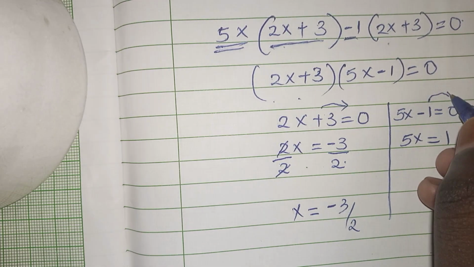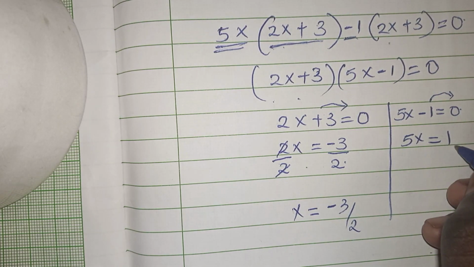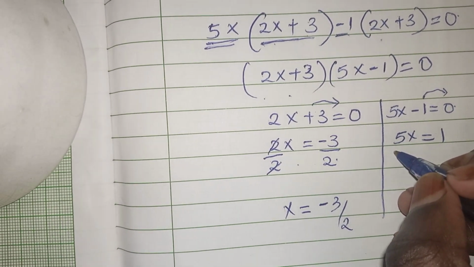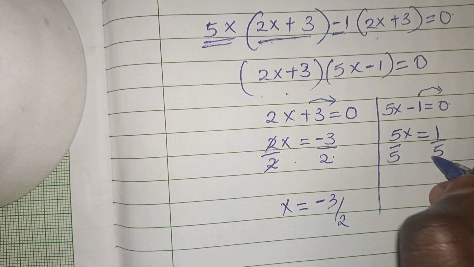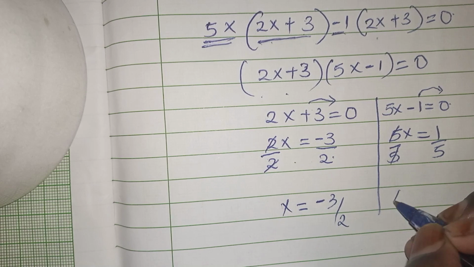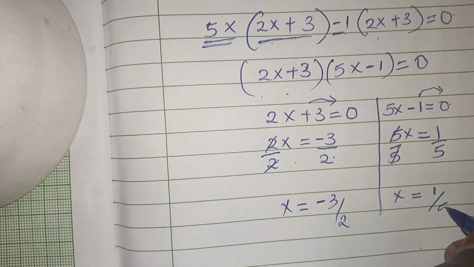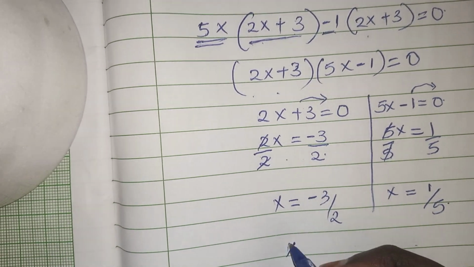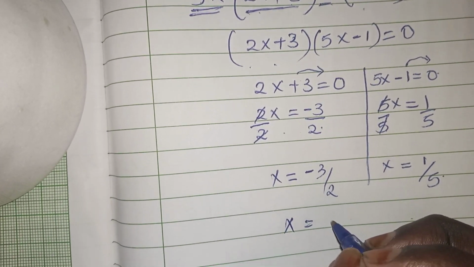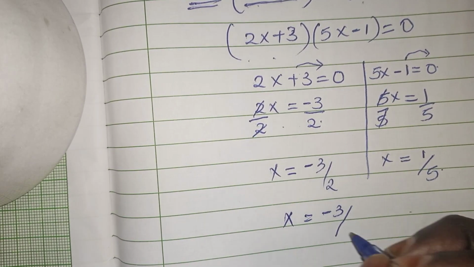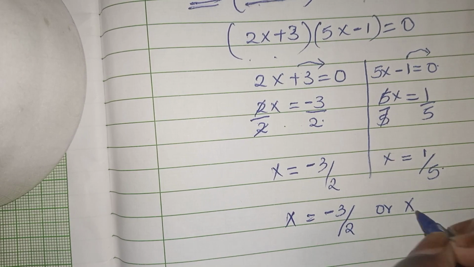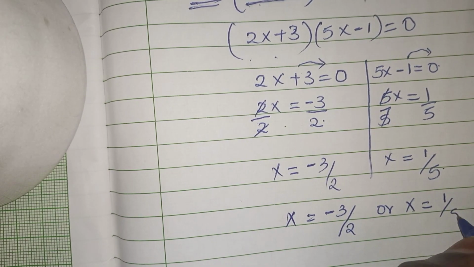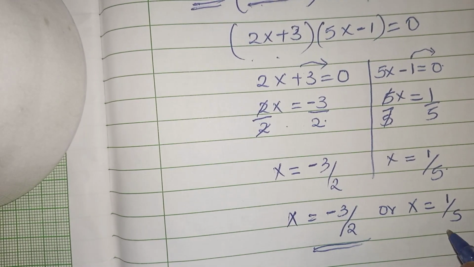Bringing this negative 1 to the other side becomes positive. Divide by 5 on both sides. So x equals one fifth. Our answer is x equals negative 3 over 2, or x equals 1 over 5. This is our final answer.